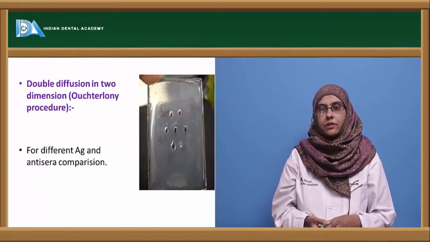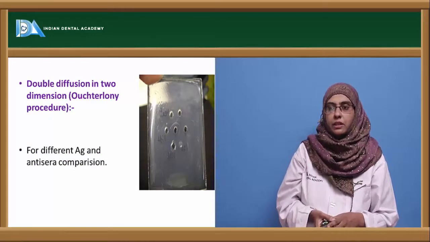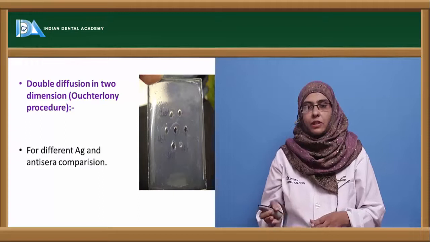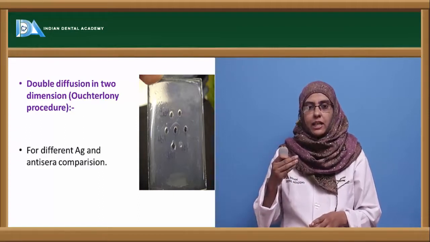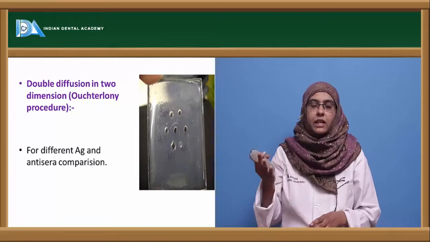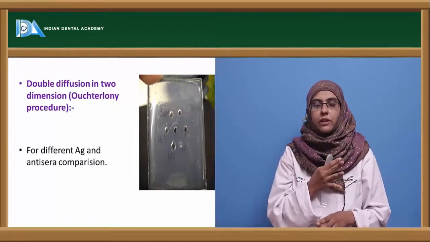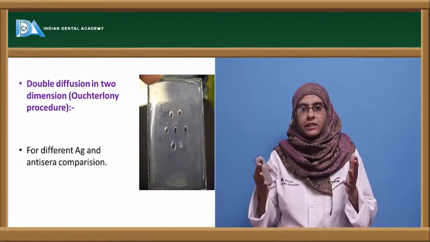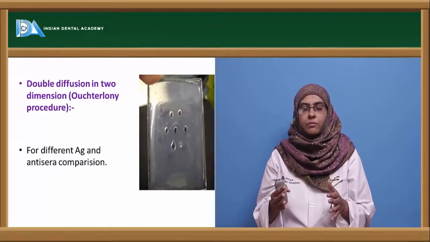Next is double diffusion in two dimensions, also called the Ouchterlony double diffusion method. Here we have the plain agar on which the wells are usually made, and in the center well we add the antibodies, whereas the wells surrounding the antibody well are filled with the antigen, and these antigens move towards the antibody and form a line of precipitate.